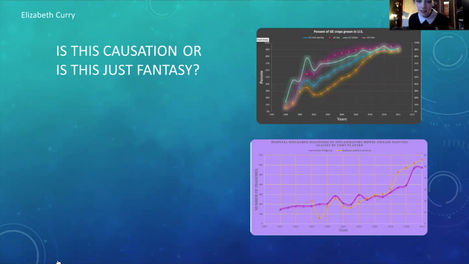As you can see, the bowel disease plotted against the genetically modified corn just keeps increasing and increasing. So when we introduce something into our body, at first the body fights against it. But once you continue to do something and it becomes a habit, your body becomes more immune to it. And then your body just accepts it as being normal. And this leads to issues in the body, like bowel disease, for example.